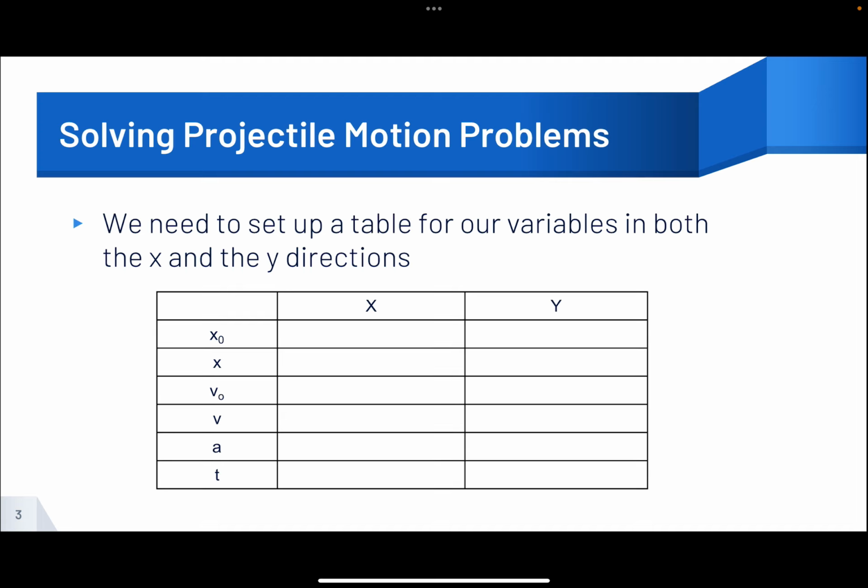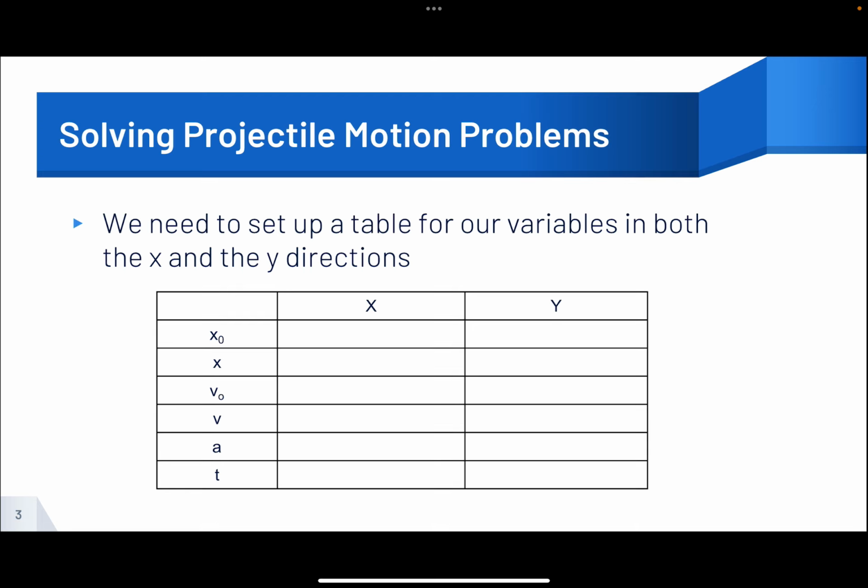So a couple things we'll do with this is that when we are going about analyzing a given problem, figuring out what we know and don't know, I'll still be making our table of values for initial position, final position, initial velocity, final velocity, acceleration, time.